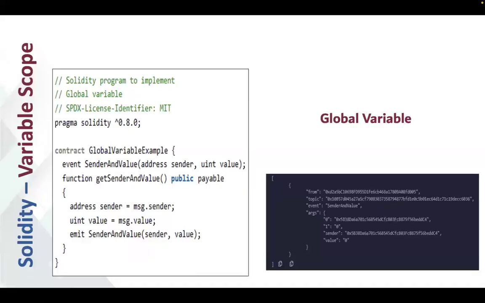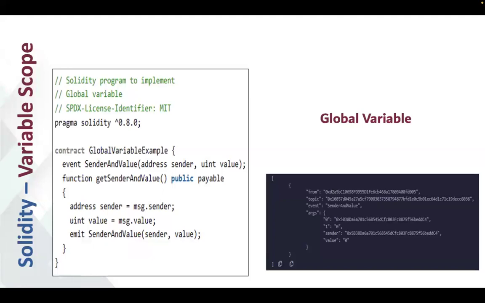Here is an example of using a global variable. In this example, the getSenderValue function retrieves the sender's address using msg.sender and the ether value sent with the function call using msg.value.